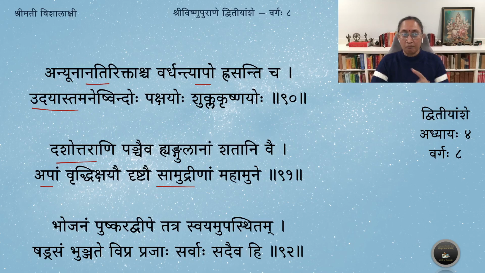Dasha uttarani, plus 10. So 510 angulas. Angula is another kind of measure. Just like yojana, angula is also a measure. So the increase and decrease you find during the Shukla Paksha and Krishna Paksha will more or less be around 510 angulas.